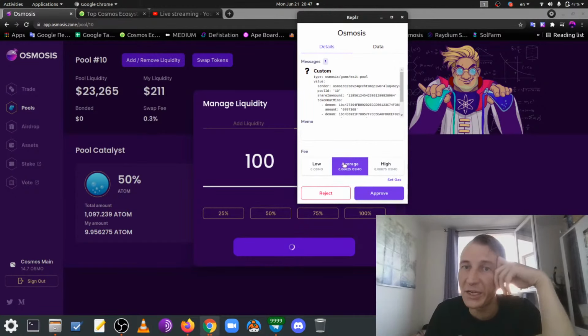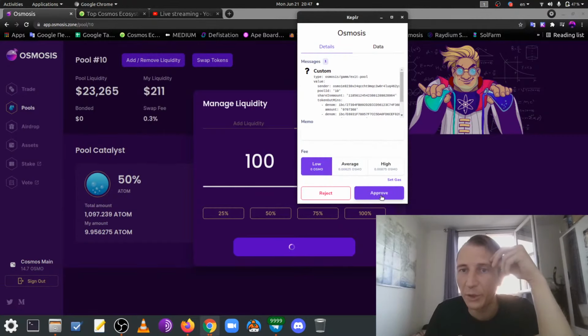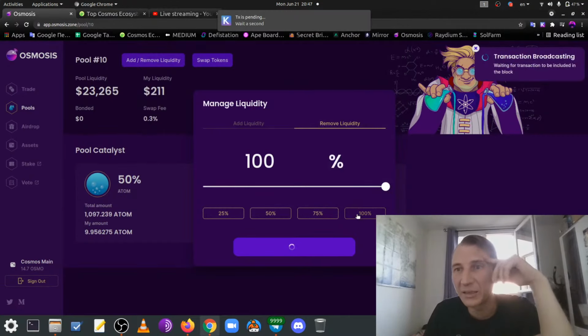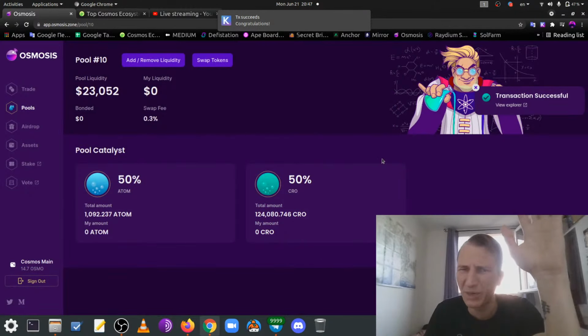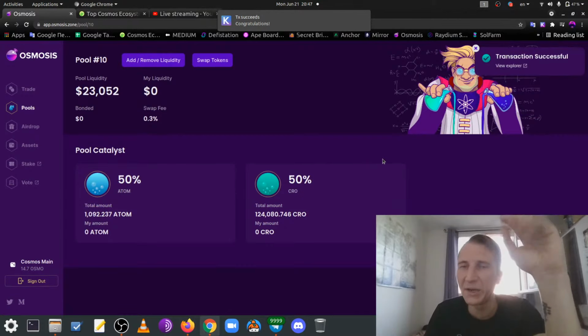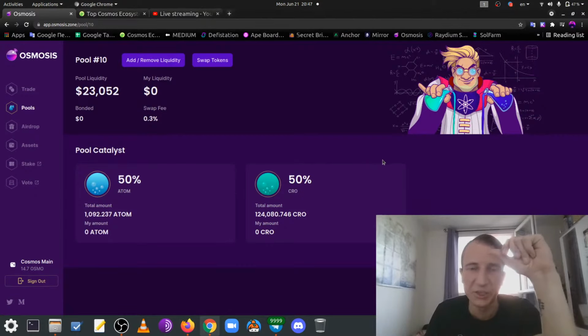As you can see, we also have the possibility to make transactions with 0 Osmo. Let's try how much time it will take. But to be honest, if you work with big funds, it is better to choose a high transaction fee.